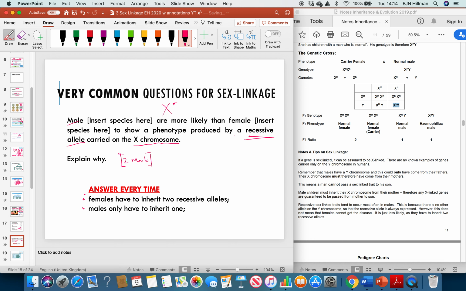Learn that phrase verbatim, off by heart, write it in, there's one mark. Whereas males only have to inherit one. That explains why it's more likely in a male than a female.